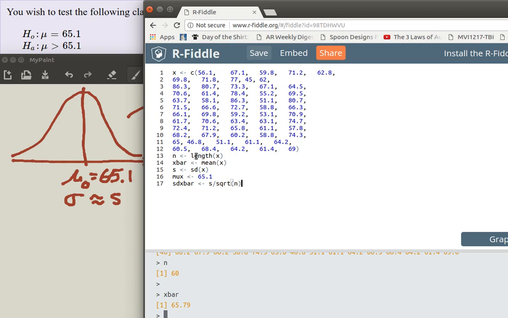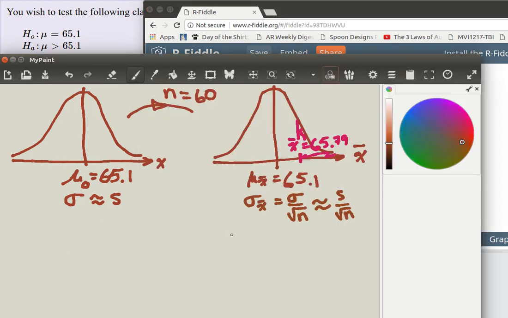Now remember, we've built n up here. We looked at the length of x to make sure that we knew what n was. Okay, so I built some of the pieces there. We built this piece in R, and we built this piece in R, and we have already built x bar in R.